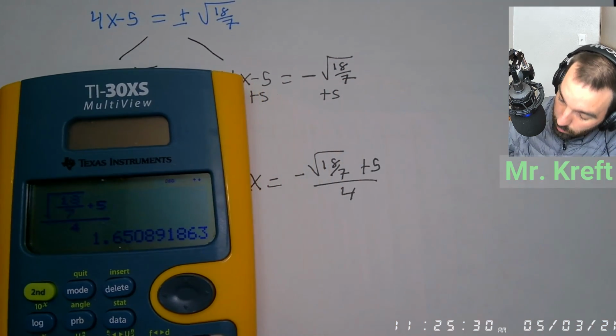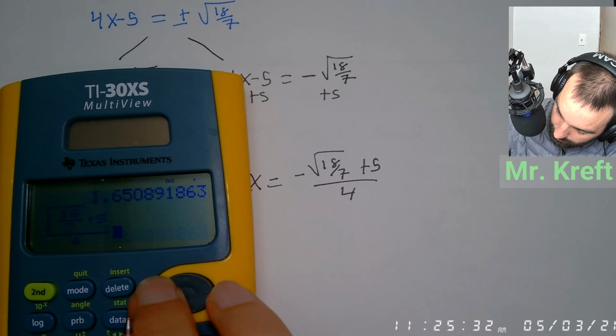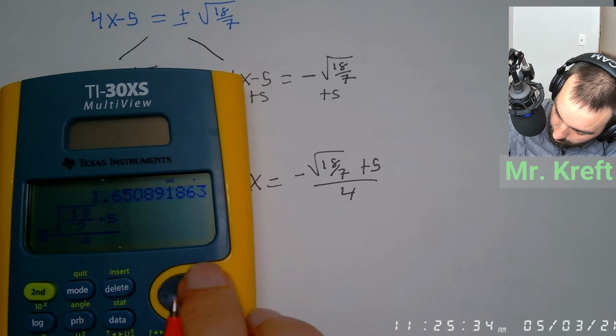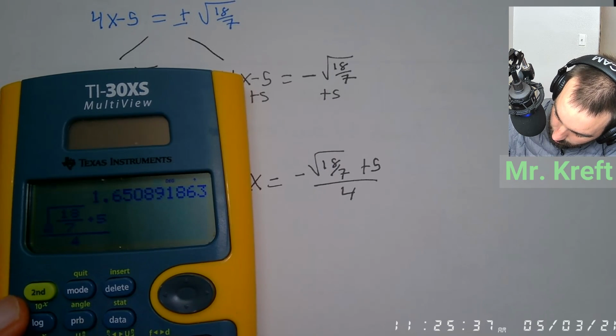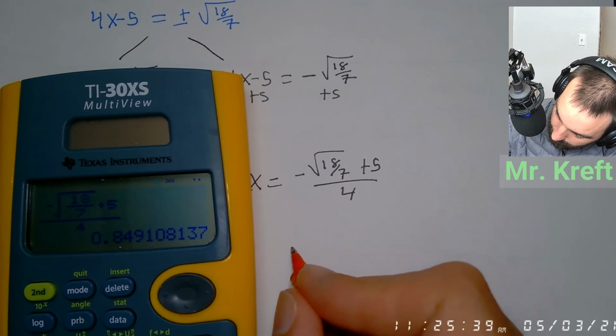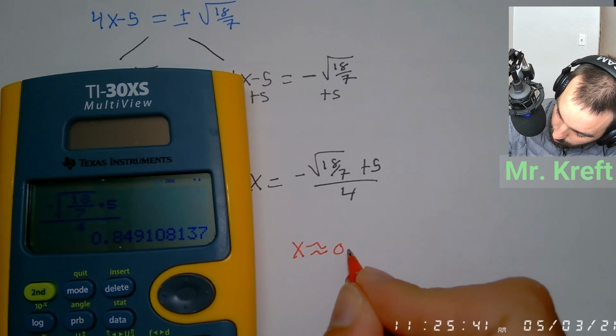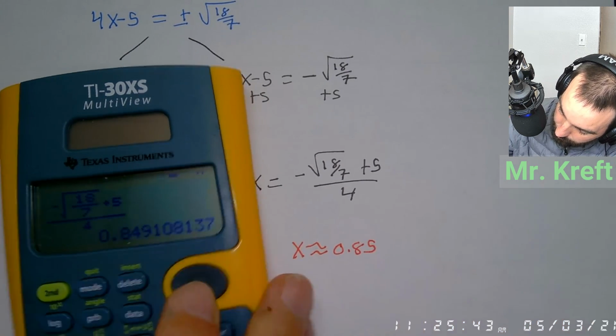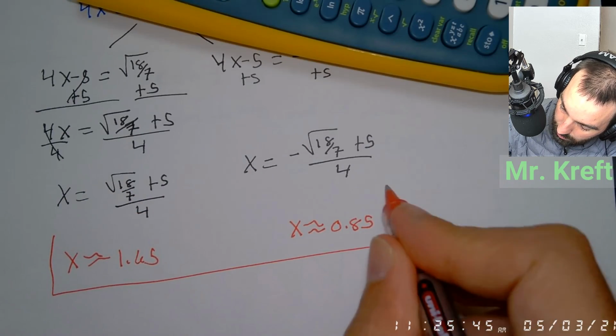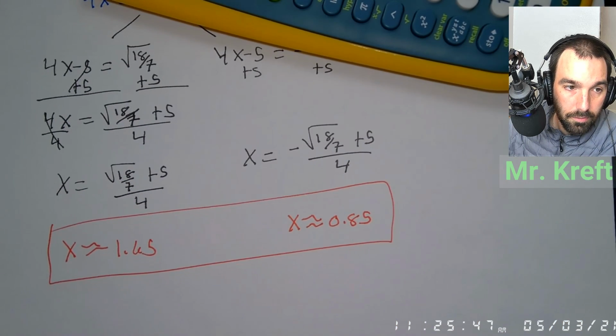And then if I do the negative one, so I'll have to go here and add in a negative, I get x is approximately 0.85. Okay, so those are my two answers there.